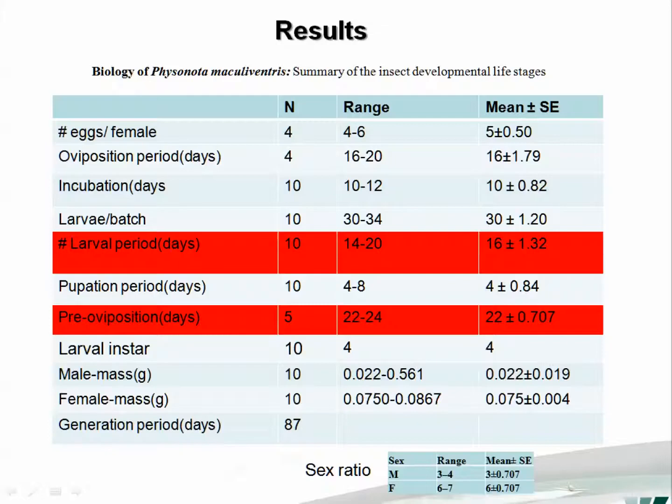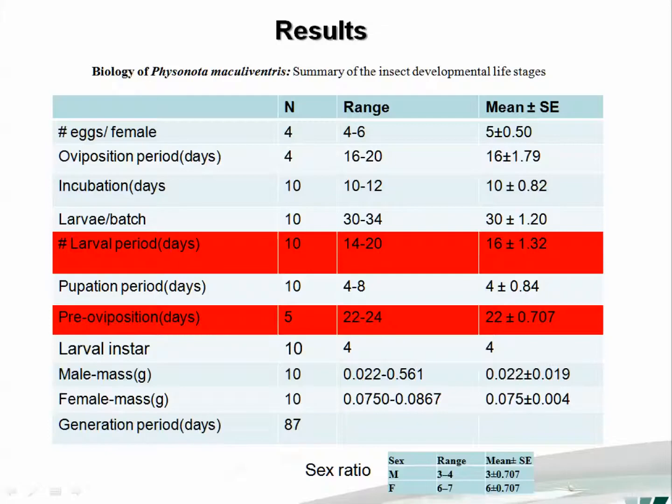I have already shown the comparison of the damage between the larvae and the adults in the previous slides. So these are the days they take to damage the plant leaves. And if you check here, the mass of the females exceeds the mass of the males, and this shows that the females damage more than the males.